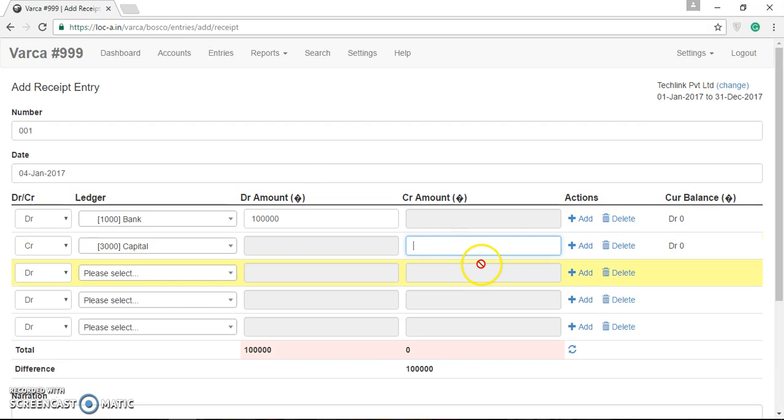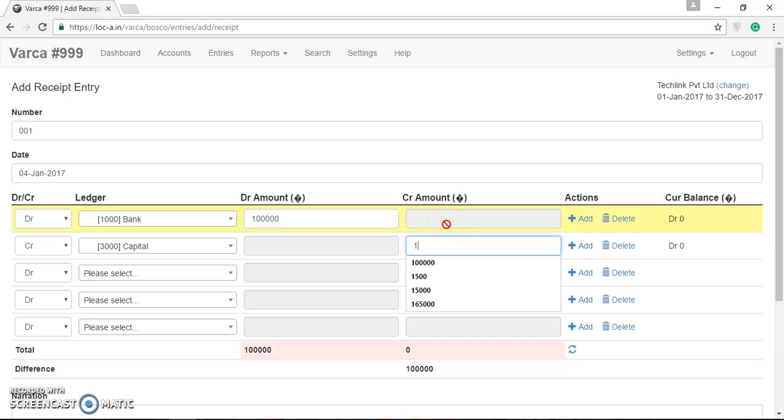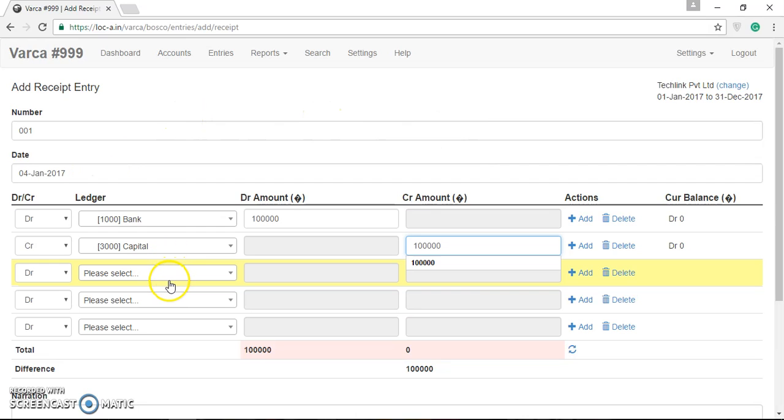So we have both debit and credit column here, so it's very easy to write entries. We have an option to make a list of entries on that particular day.